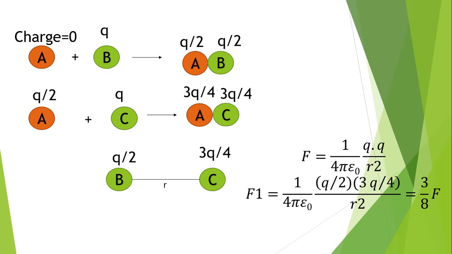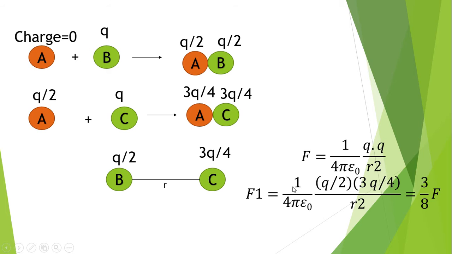Initially spherical conductors B and C both have equal charge, so Q1 is replaced by Q and Q2 is replaced by Q. So the force acting between initially charged bodies B and C is 1 by 4 pi epsilon naught Q square by R square.